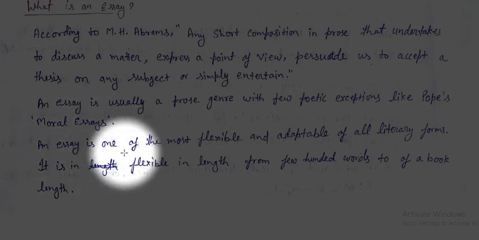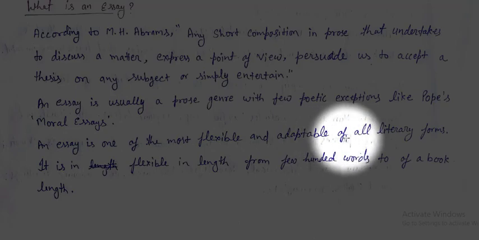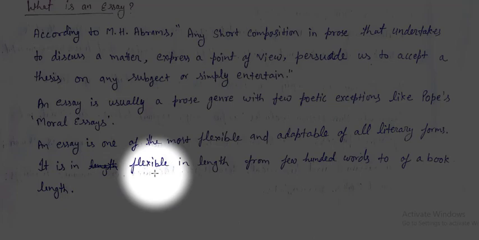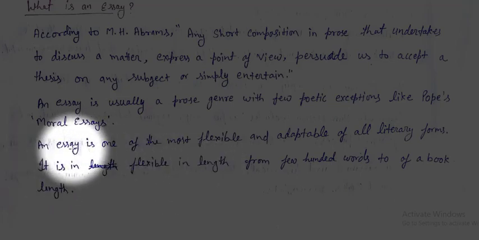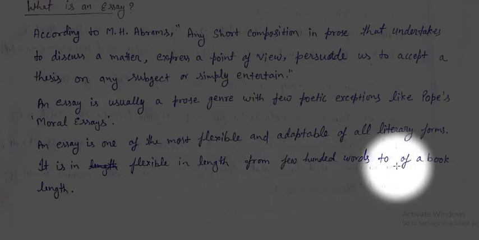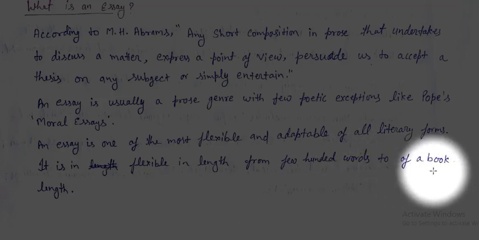An essay is one of the most flexible and adaptable of all literary forms. It is flexible in length, from a few hundred words, as in the essays of Bacon, to book length.